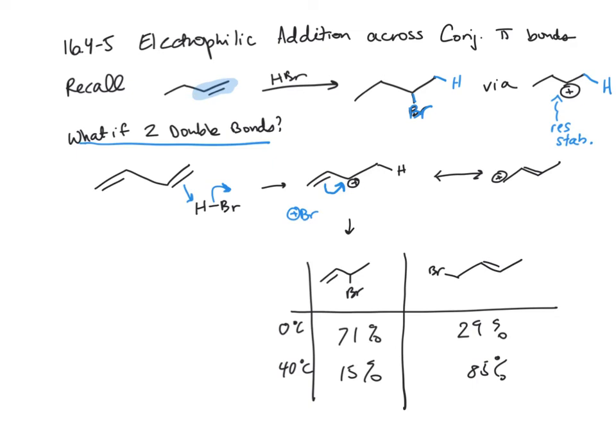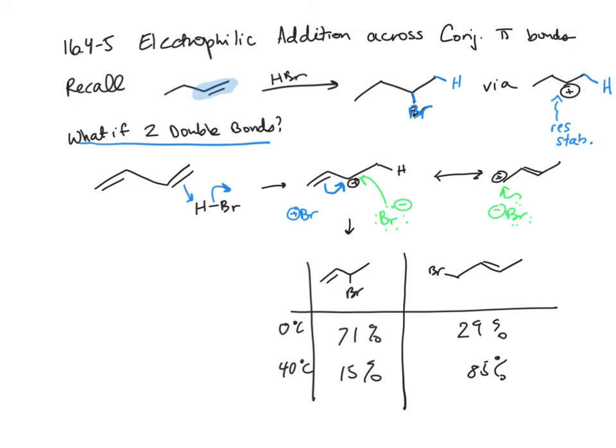So either the bromide ion attacks the secondary carbon or the primary carbon, leading to the formation of these two products.